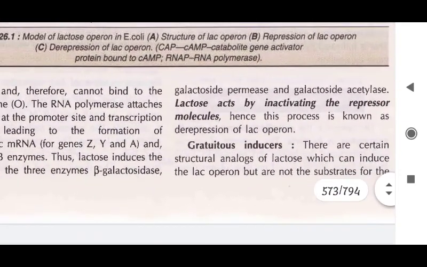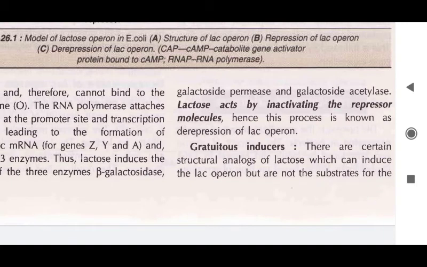Thus these three enzymes, beta galactosidase, galactoside permease, and galactoside acetylase, will be synthesized. So here lactose is acting by inactivating the repressor molecules. Hence this process is known as derepression of the lac operon.